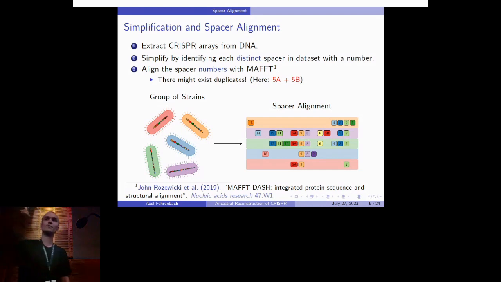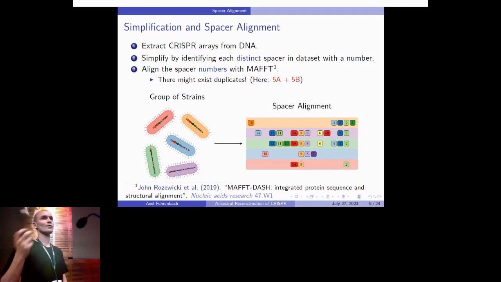There exist rearrangement events and such, which are problematic for our method, so we need to deal with them. It's actually the reason why we need to do a spacer alignment, but I'm not going to go deep into what we do with them. They're treated somewhat differently. The most important fact is that we relabel them at this point, so we give them unique names.